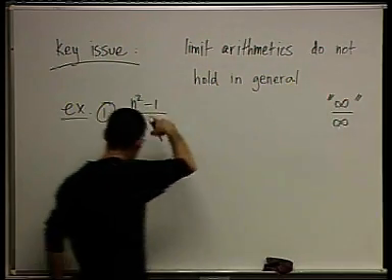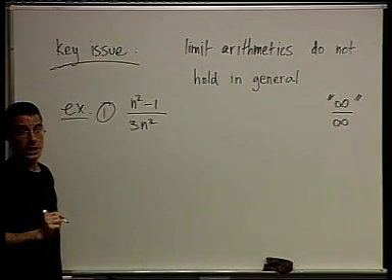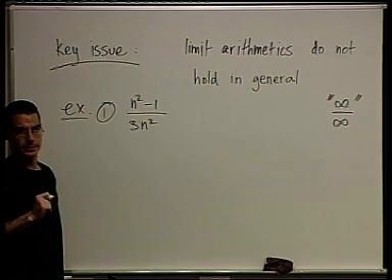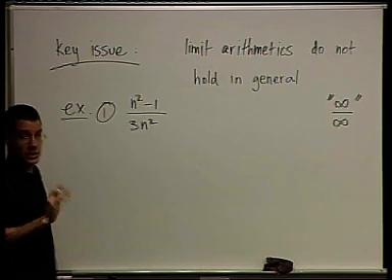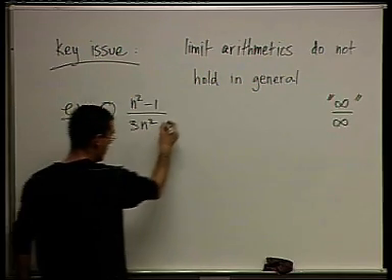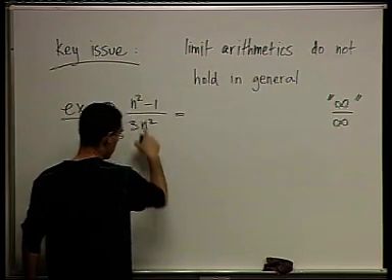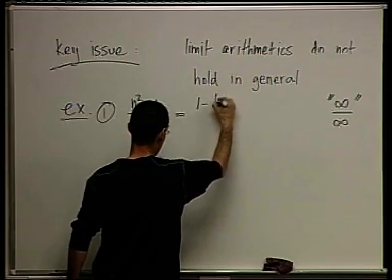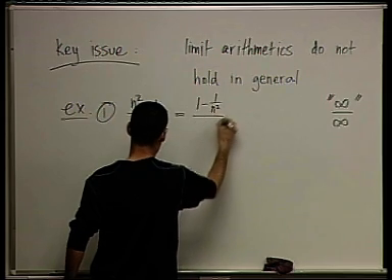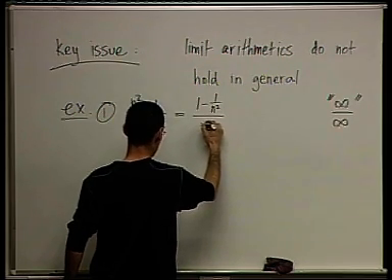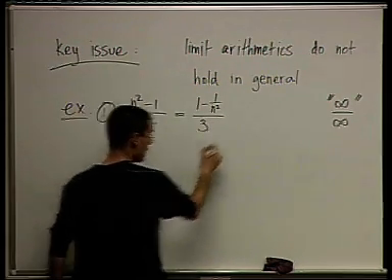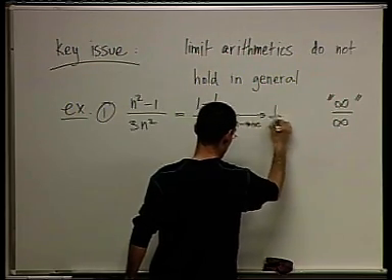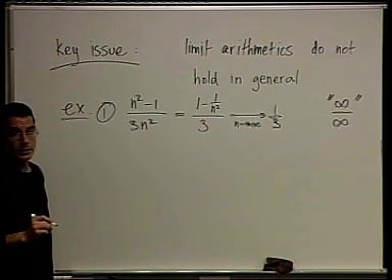The top goes to infinity, the bottom goes to infinity. But the limit is not 1. Infinity over infinity is not 1. Why? What is the limit of this thing? Right, because let's divide top and bottom by n squared, so it's 1 minus 1 over n squared divided by 3, and as n goes to infinity, this converges to 1/3. Do you agree? Everybody?